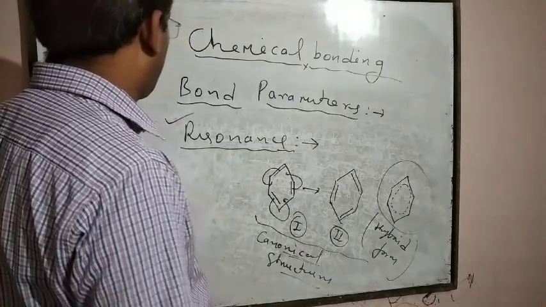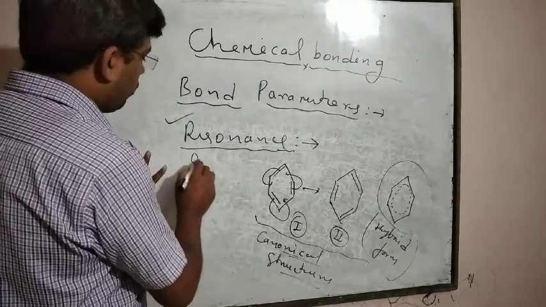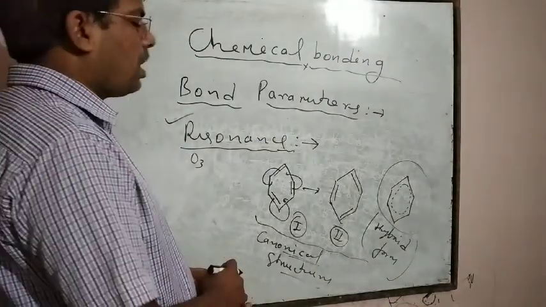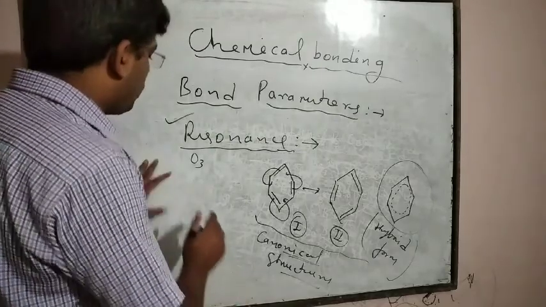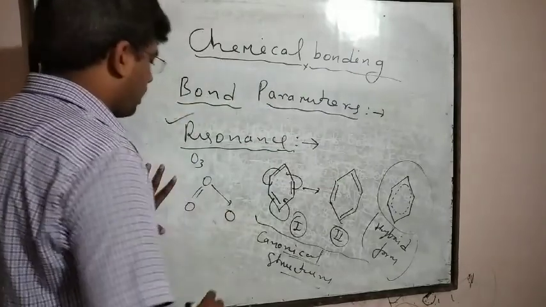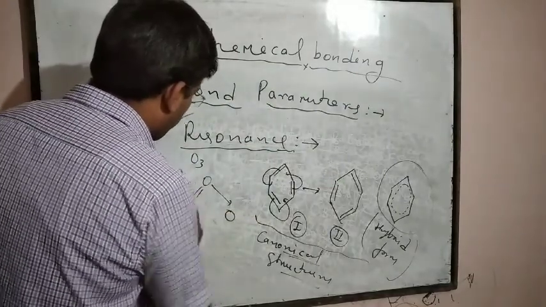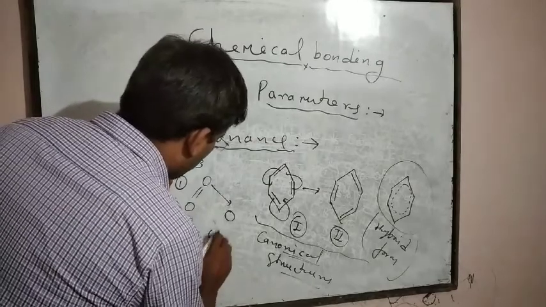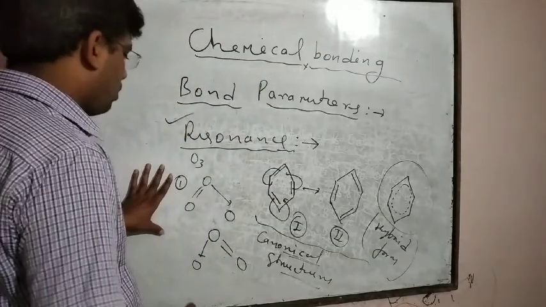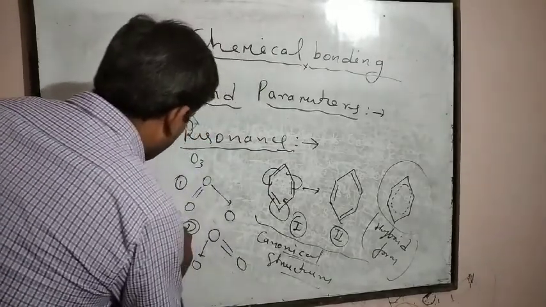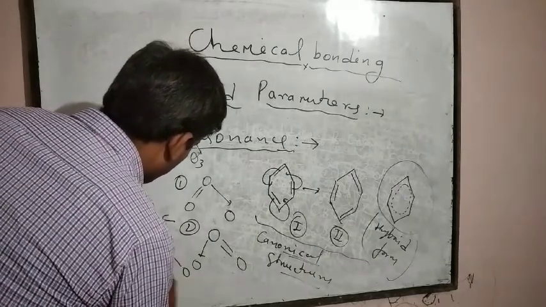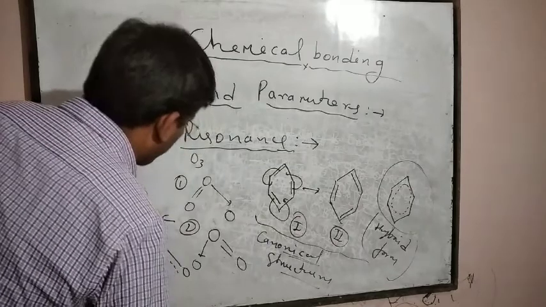Similarly, if O3 ozone is taken, then in this compound how does shifting of bond take place? O double bond O, and this one is the coordinate linkage. This is the first form, and the second form is O coordinate linkage and double bond O. Here rotation of bond takes place.